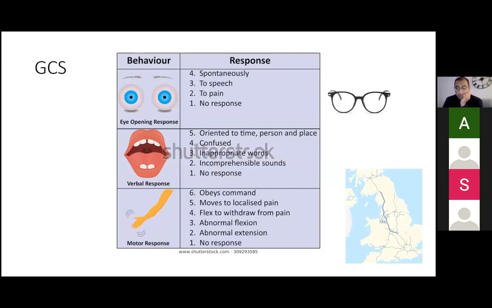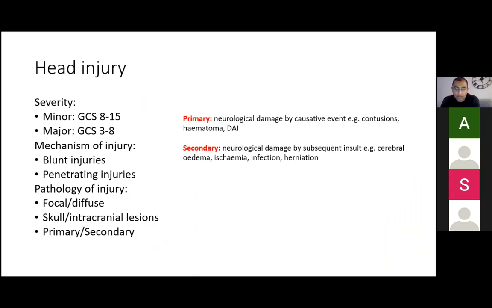Eyes is out of 4 because you have people like me who wear glasses, like four eyes, specky four eyes, out of 4. And then motor is out of 6 because I remember it as M6, that motorway that runs across. So if eyes is out of 4 and motor's out of 6, then V is out of 5. And then you just have to put it to memory. But yeah, that's GCS.